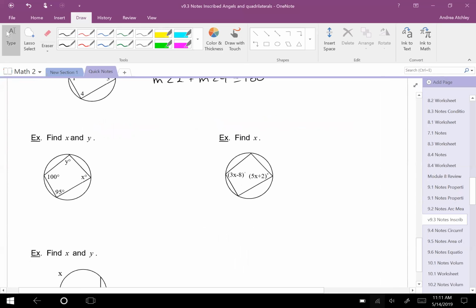Okay, so now they're going to use that theorem to find x and y. So in this case, we would have x plus 100 should equal 180 because the opposite angles should be supplementary.